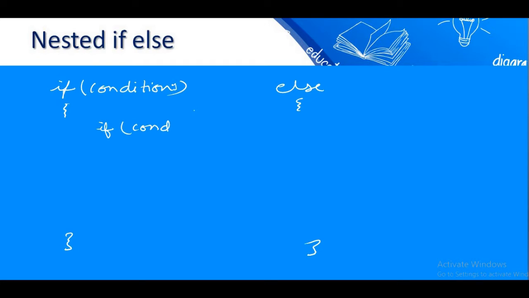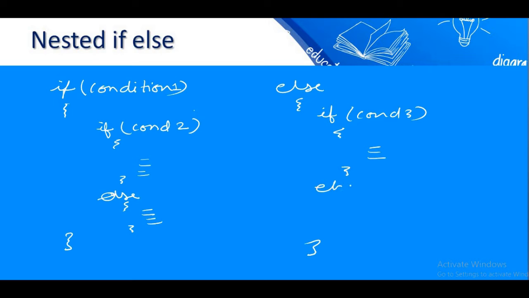Okay, so suppose this is condition 1 and this is condition 2, so like this, and else block like this, and in the same way, and the else statement, else part.